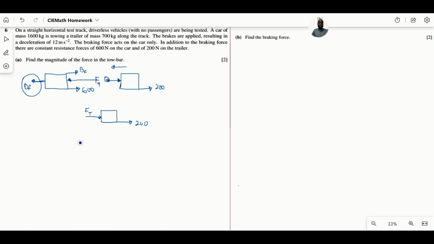The net force in the direction of motion is the mass of the trailer, which is 700 kilograms, times the acceleration that it will have. Because the body started moving in this direction, we are taking that as positive. And if there's a deceleration, then the body will now have 700 times negative 12 as a net force acting in the direction of motion. And that should be equal to.